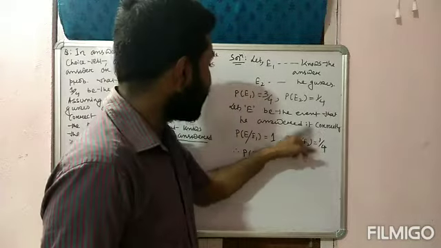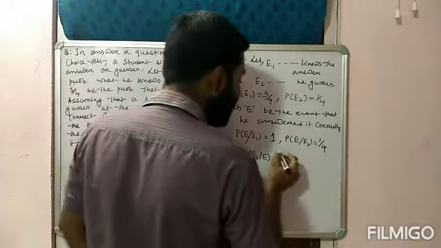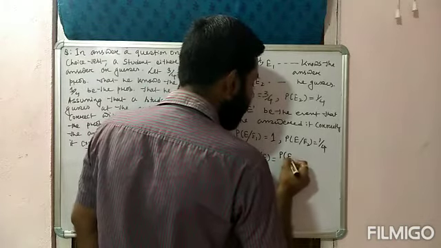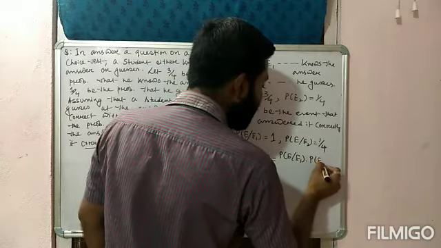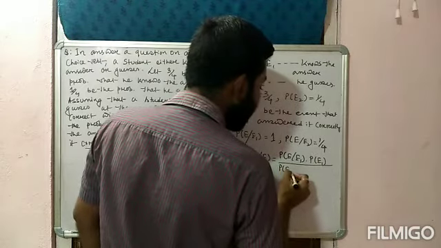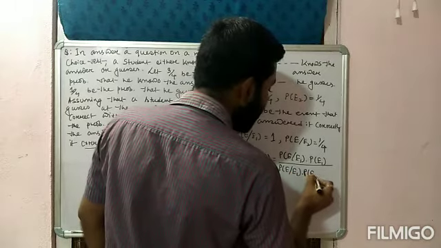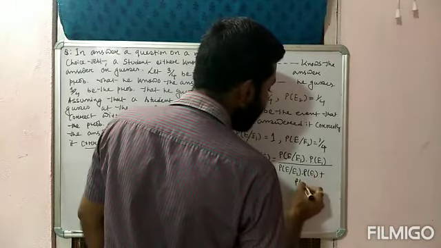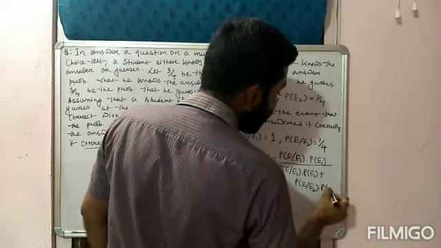He answered it correctly is event E. So you have to find probability of E1 slash E. This is equal to probability of E slash E1 into probability of E1 divided by probability of E slash E1 into probability of E1 plus probability of E slash E2 into probability of E2.